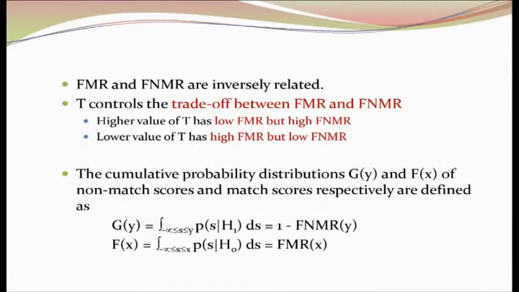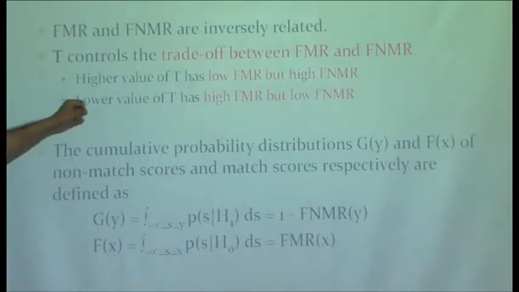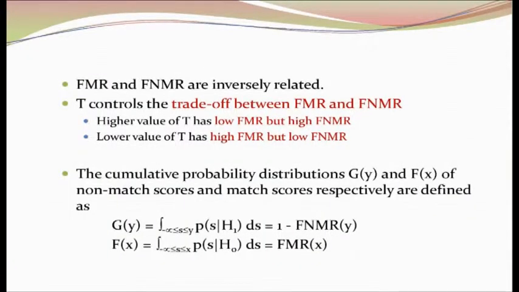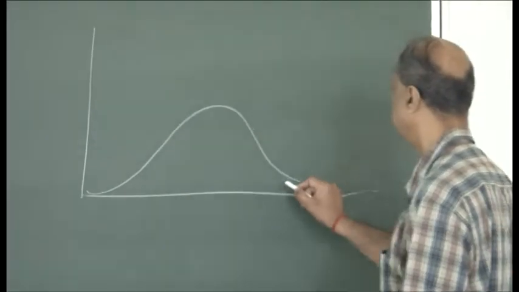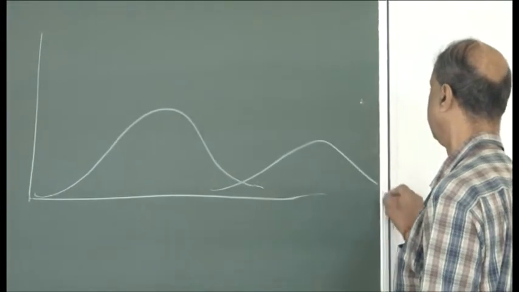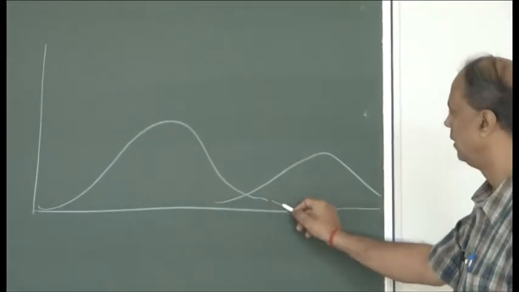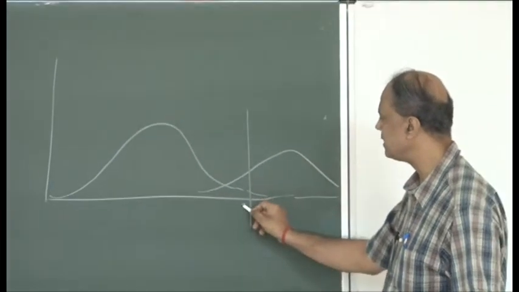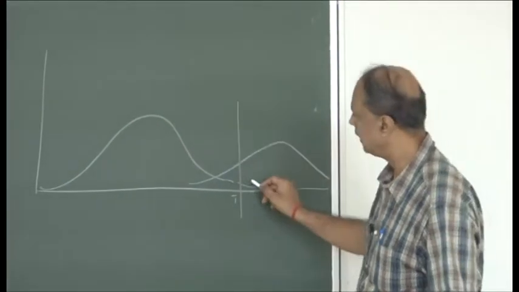What you observe is that these two are inversely related. So, T controls this trade-off relationship between these two. If T is high, because it is a similarity measure, if the threshold is high, then what happens?